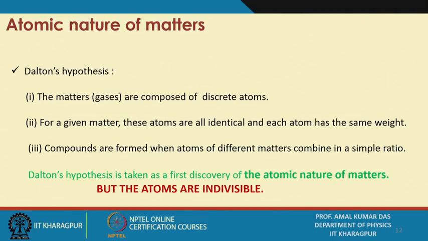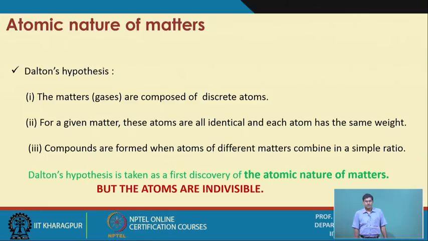Dalton's hypothesis is basically that matter is composed of discrete atoms. That was the first hypothesis. The second one: for a given matter, these atoms are all identical and each atom has the same weight. The third one was that compounds are formed when atoms of different matters combine in a simple ratio.